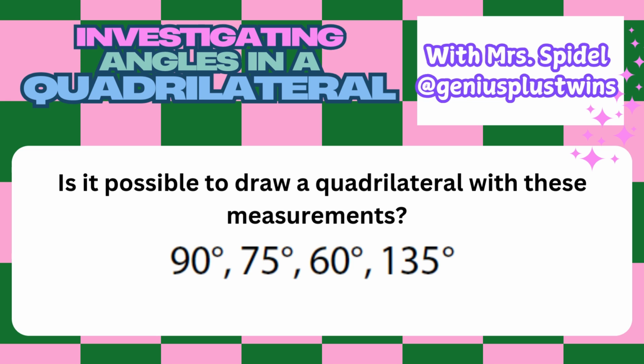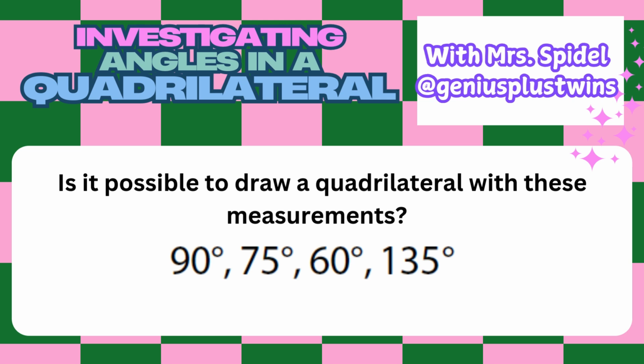Here's another one to try out. Is it possible to draw a quadrilateral with these measurements? So you are given all 4 measurements. Remember, the key rule, all of those angles must add up to 360 degrees. If all interior angles in the quadrilateral do add up to 360 degrees, you would be able to draw it.